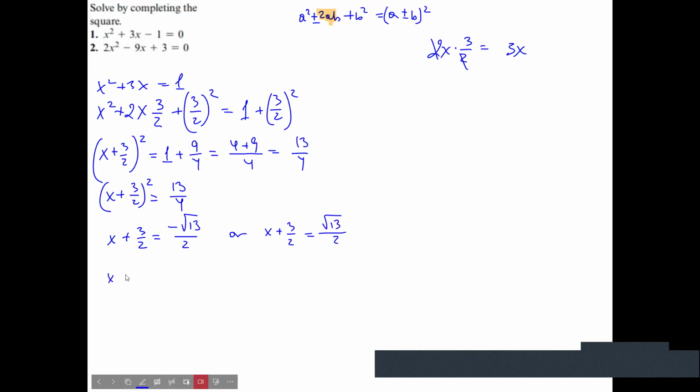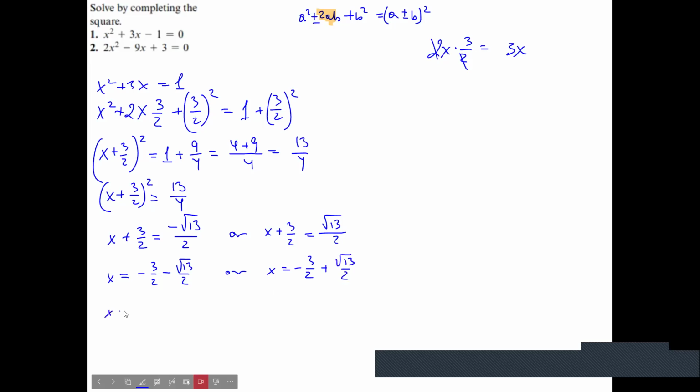So x is minus 3 over 2 minus root 13 over 2, or x is minus 3 over 2 plus root 13 over 2.